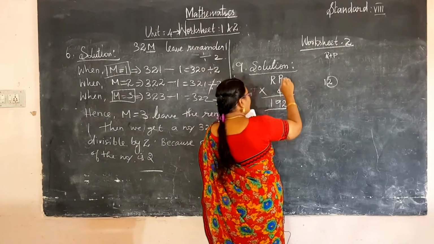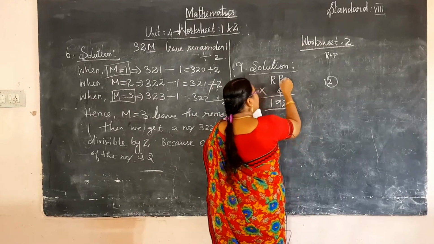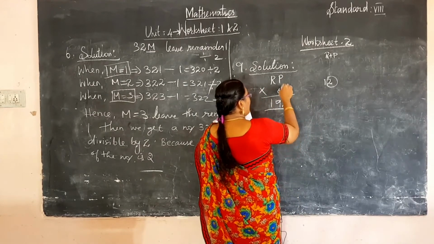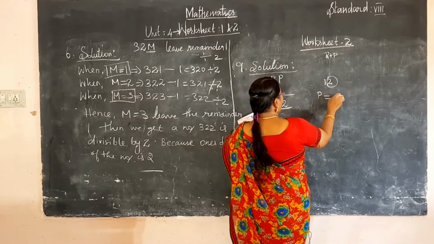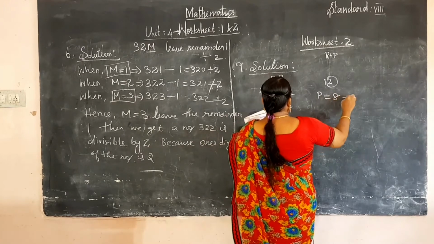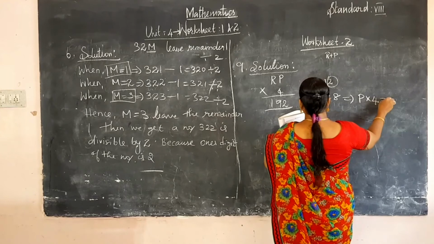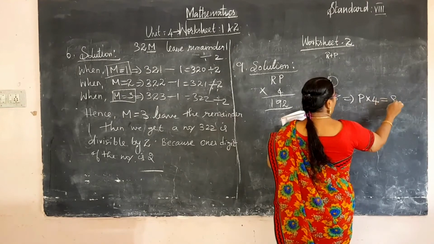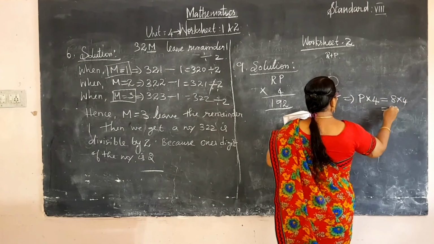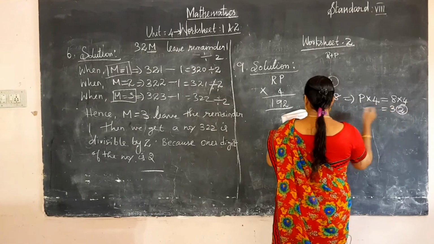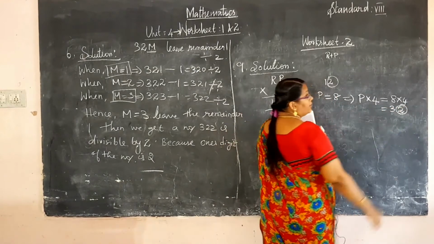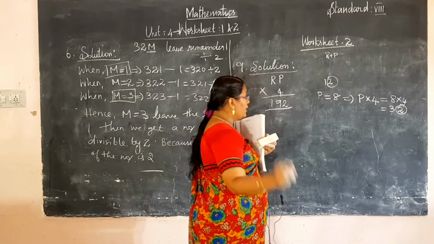So, we will check the next one when the p value was 8. P is equal to 8. So, p into 4 is equal to 8 into 4 is equal to 32. So, ones digit is 2, remaining 3.